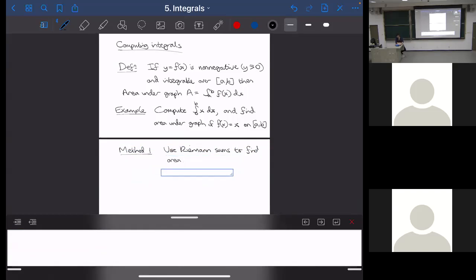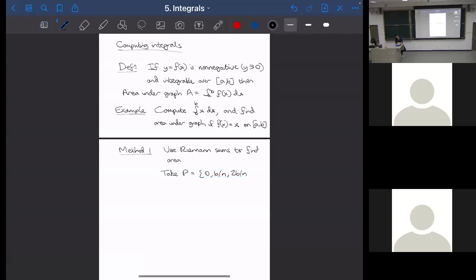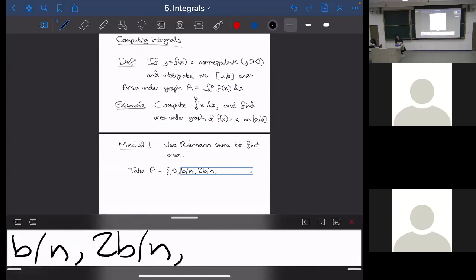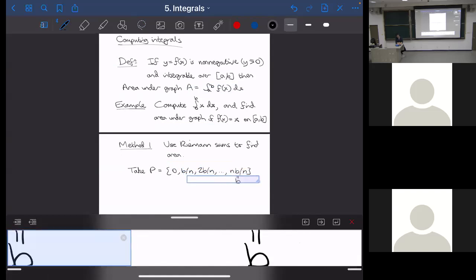So let's take a partition P starting with 0, then 1 over n, then 2 over n, sorry, I mean b over n, and then 2b over n, all the way up to nb over n, which of course equals b.